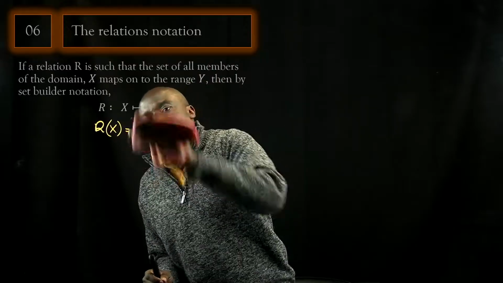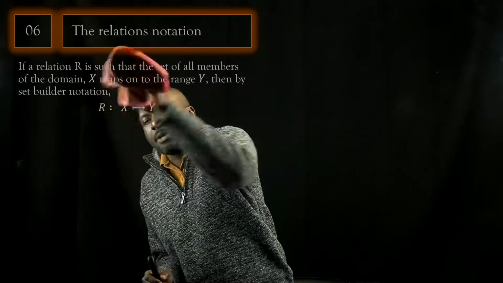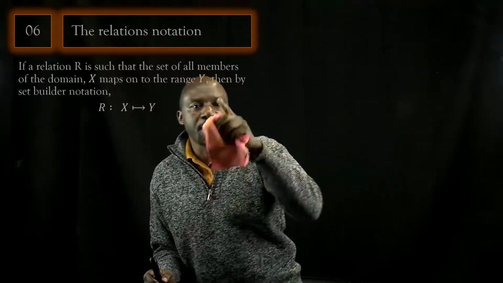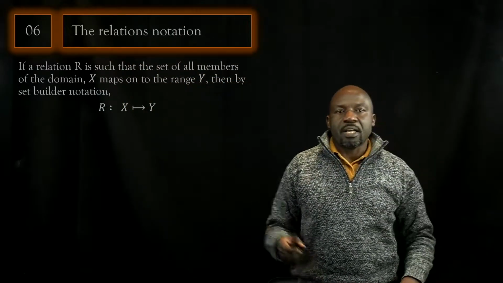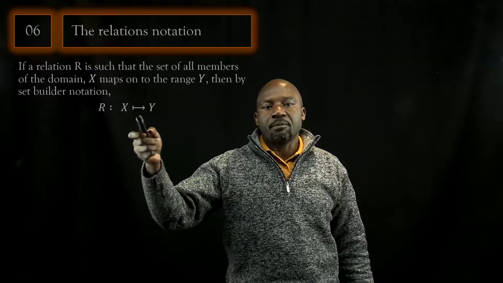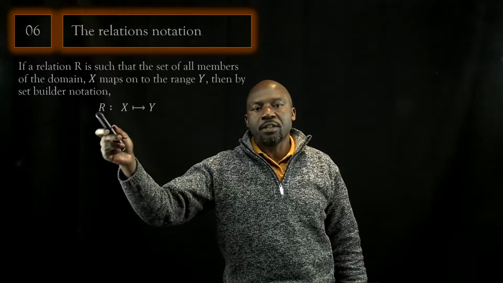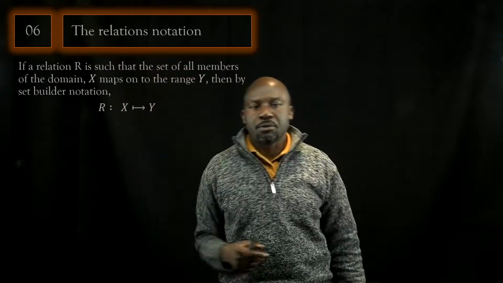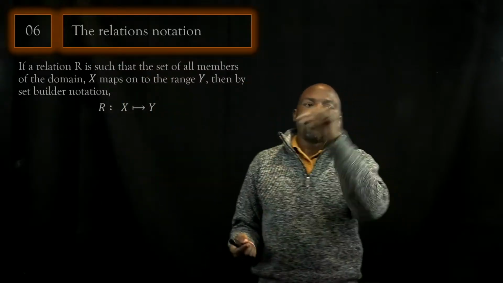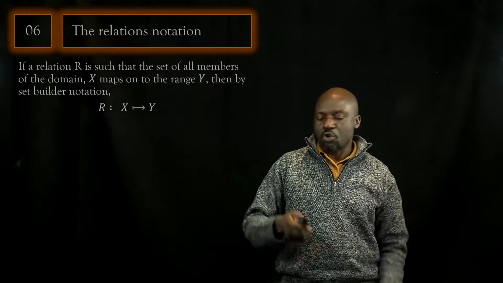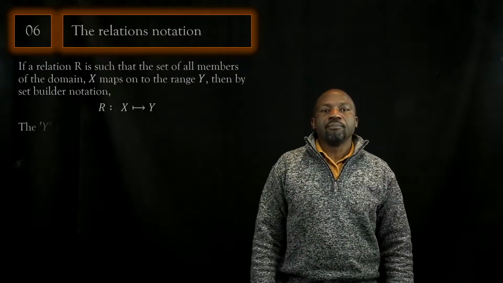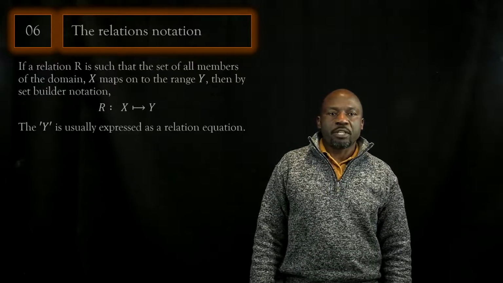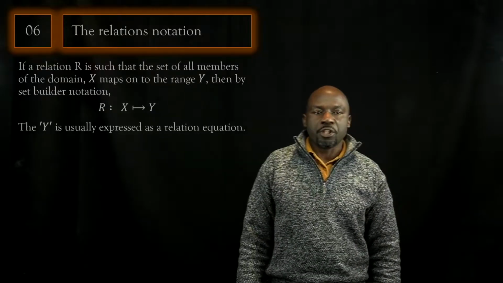But when we write it in set builder notation, as in the mapping notation like this, it has a leading meaning, which is to say it's telling us that for this relation, all values of x map onto the value of y, or by putting in a value of x, you get an output value of y. So the y is usually expressed as a relation equation.